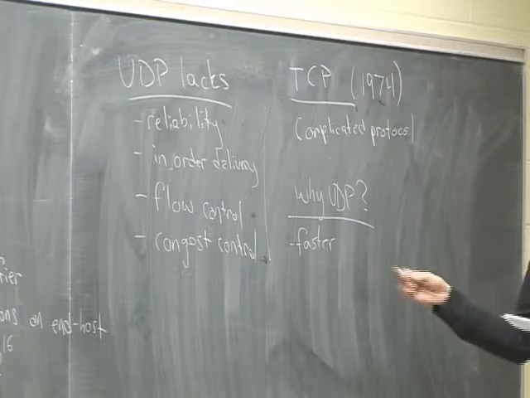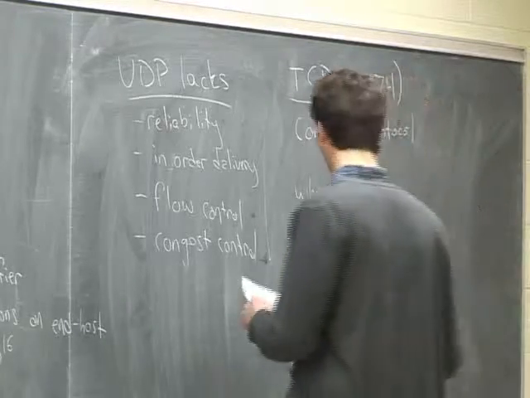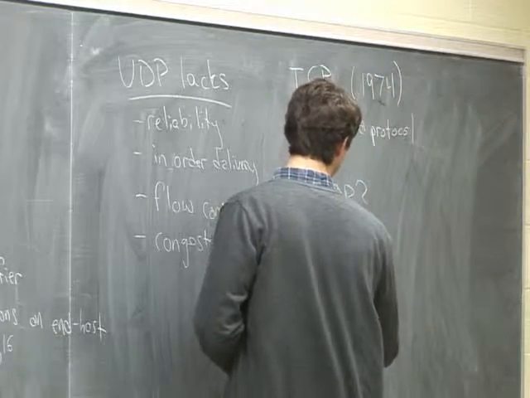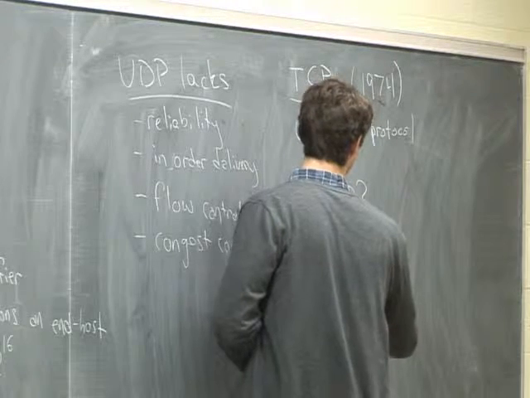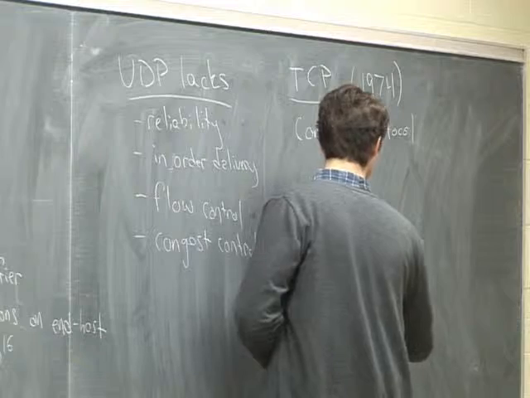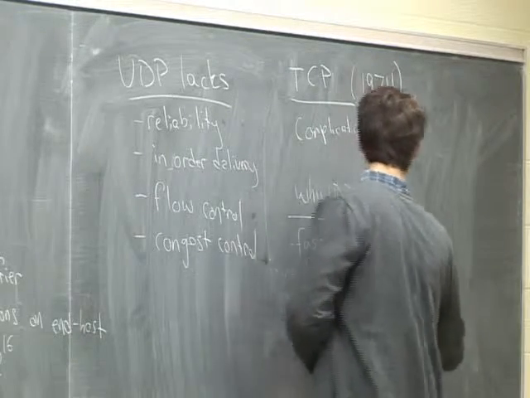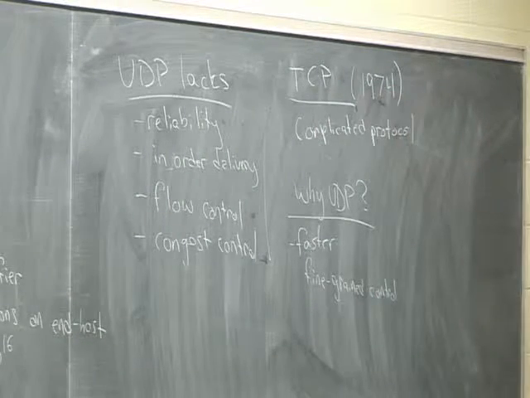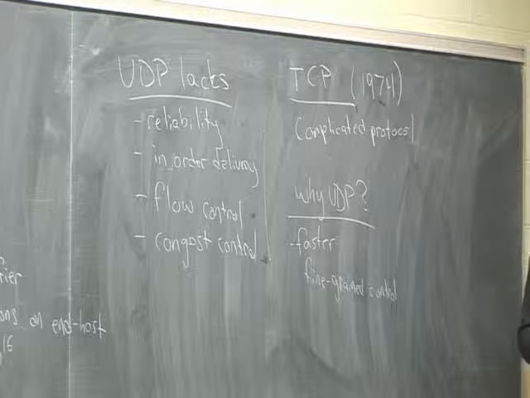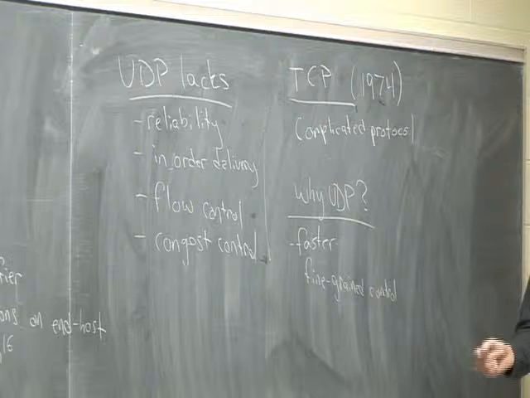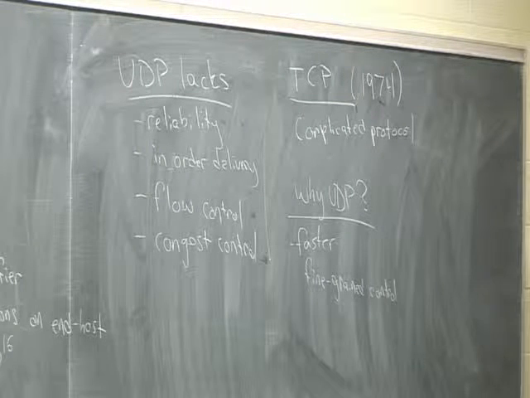So let me just add on to this and say that it's faster in that you get fine-grained control. What I mean by this is that with UDP, once in your application you do the socket write call, that data is immediately sent out on the network.